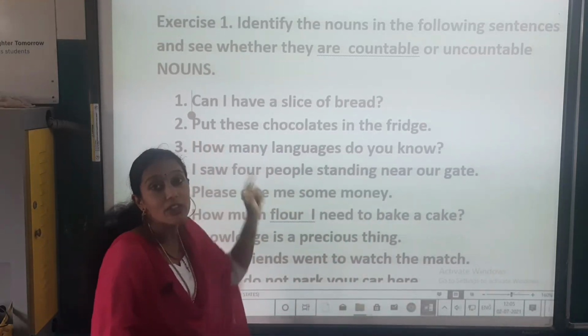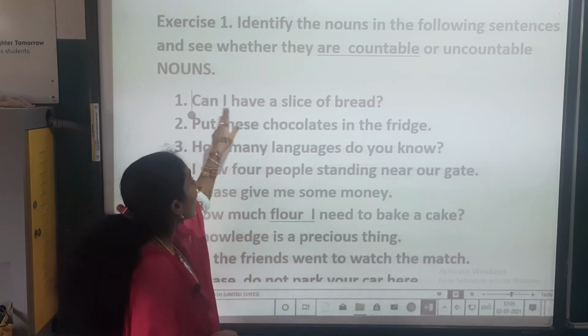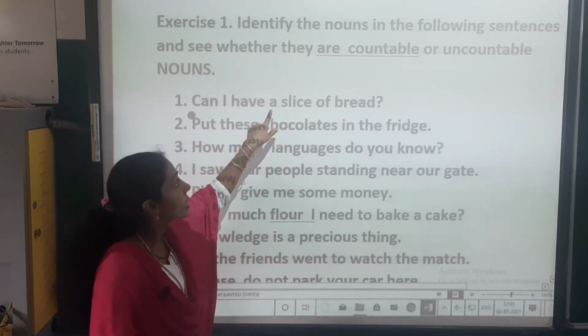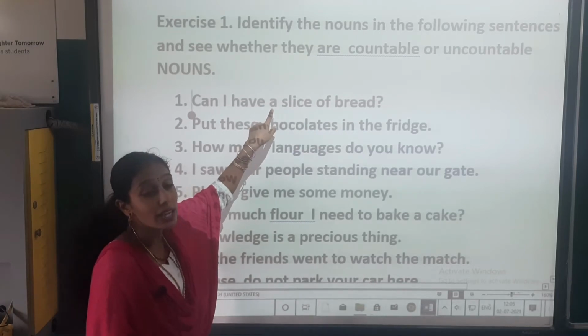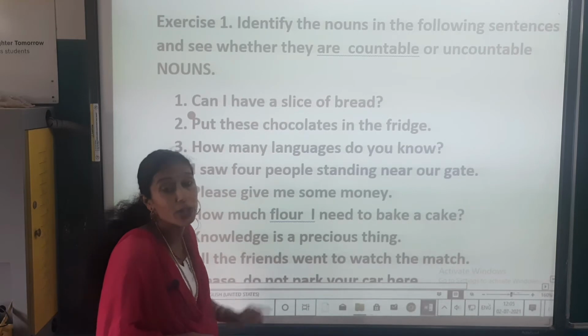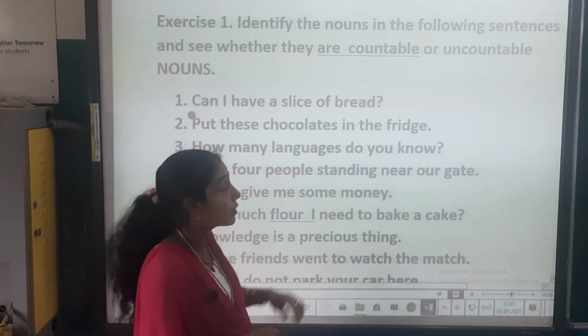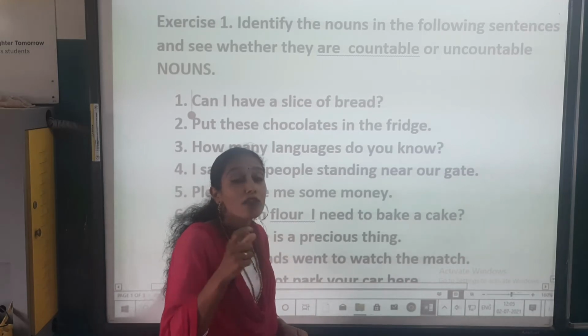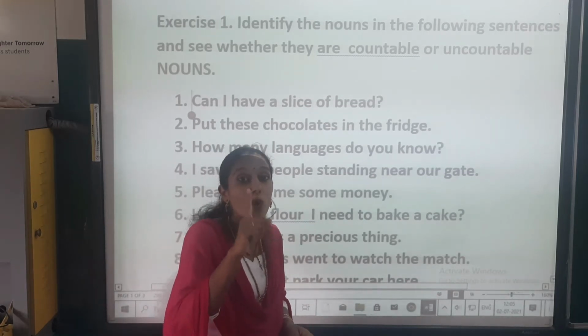So we'll begin with the first sentence. Can I have a slice of bread? Here children, see the article that is being used, a. I told you in the last video also that if the article a is used at the beginning of the noun, it stands for 1.